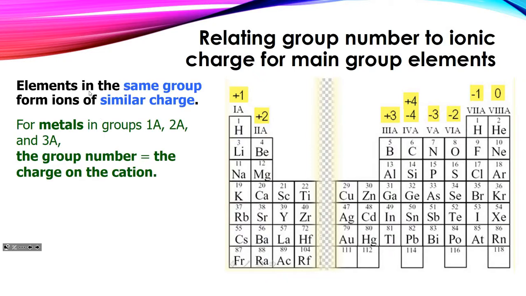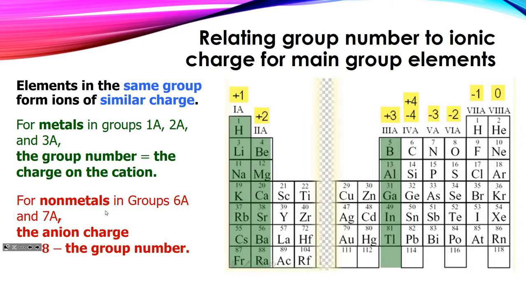So as we look at this, elements of the same group have similar charges. For metals, 1, 2, and 3A, which would be 1, 2, and 13 on our periodic table, because we don't have them in A and B. That's an old system. Those would be according to the column they're in if you take away the 10 for the transition metals.